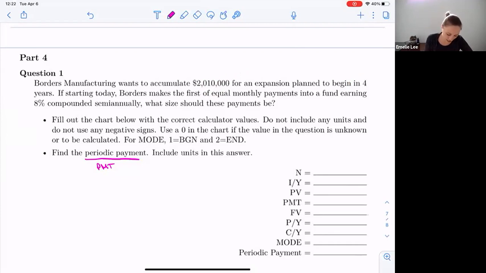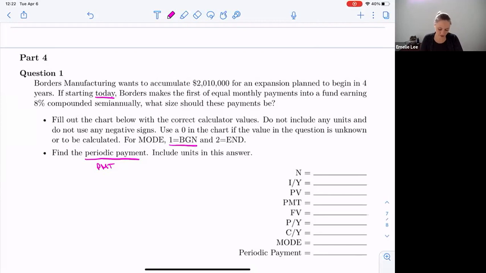If starting today, okay, usually we start at the end of the month or whatever. This one's pretty subtle, but if you're starting today, now we're at the beginning, right? So if you start paying immediately, then you have an annuity due.